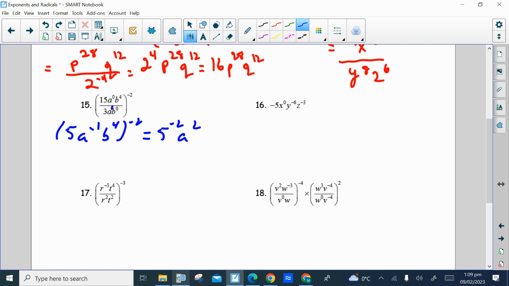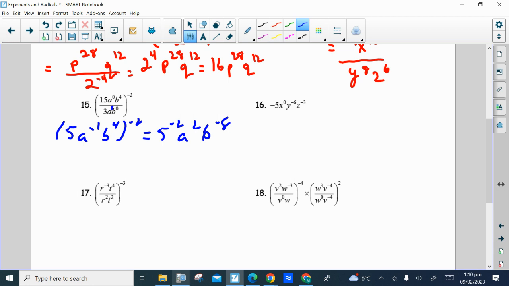For the b, again, multiply the exponents. 4 times negative 2 is negative 8. So I multiplied the exponents inside the bracket by the negative 2 outside. So that's where we are.